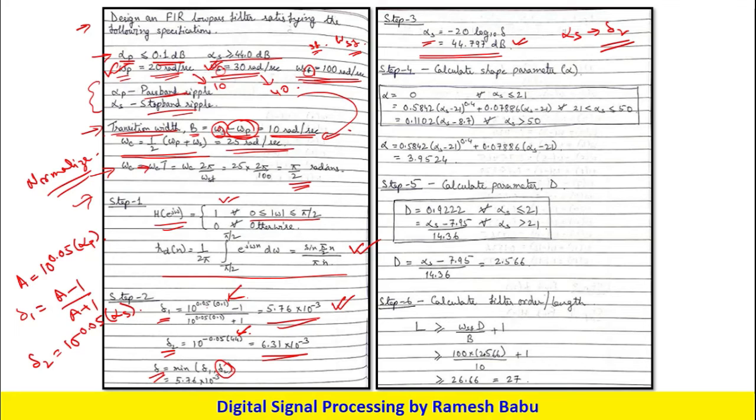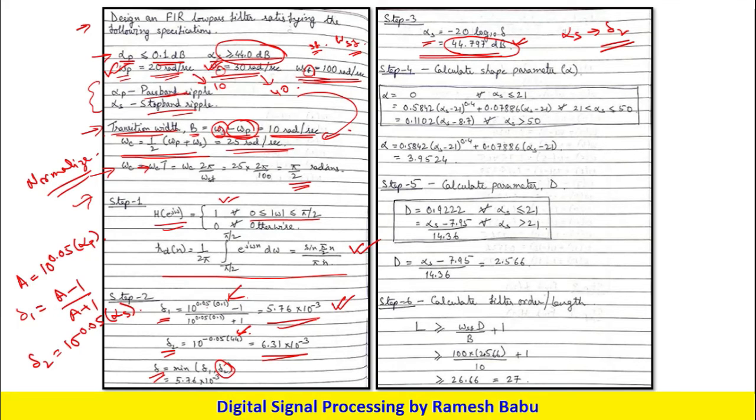Why is it happening that when delta 2 is minimum, we are taking alpha s like that? It is the method basically. Certain things you do as per whatever is given to you, how to approach a numerical. I also don't know that basically. One of the reasons maybe, if you see here, the alpha s is basically 44.797.